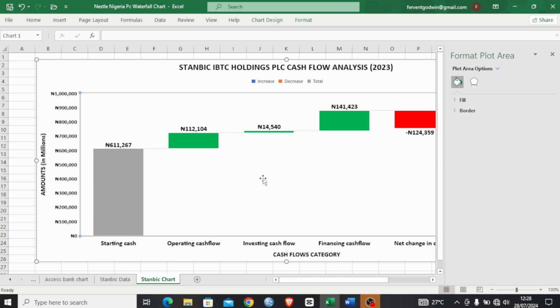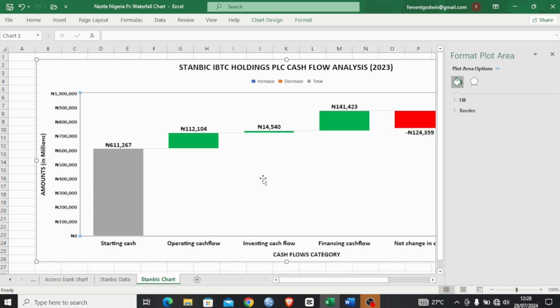So in summary, a very quick recap of what cash flow analysis is. It's a process of evaluating the company's ability to generate cash, which is reflected mostly in the operating cash flow, showing how they generate cash from their sales and products. Then financing cash flow, showing how they raise funds by issuing stocks and bonds.